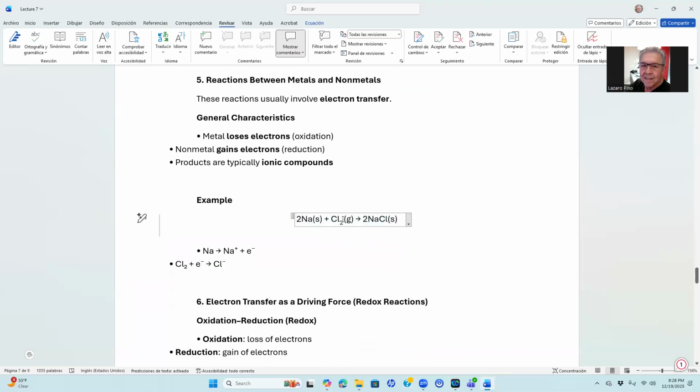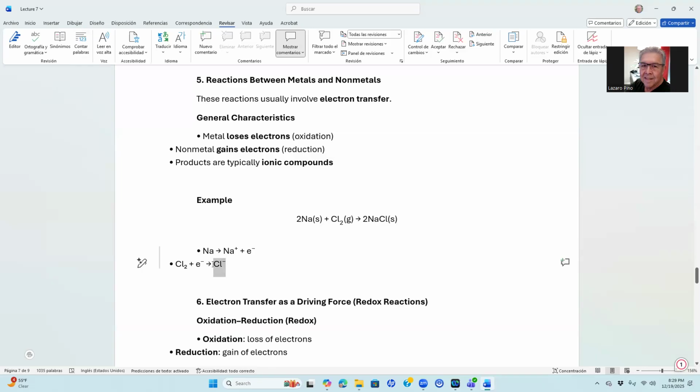Okay, sodium plus chlorine produces sodium chloride. In this case, sodium loses the outermost electron and makes a cation. And chlorine, that is a diatomic molecule, gains this electron that is lost here to produce an anion.